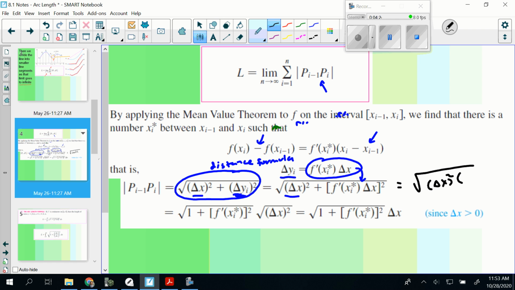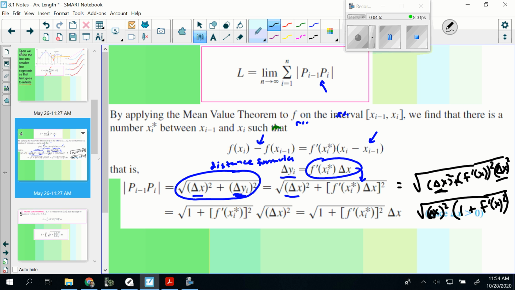On this side, both of these would be squared, so you've got the derivative squared and another change in x squared. Since there's one here and one here, it got factored out. If you factor it out, you've got change in x squared, and here we just have 1 plus the derivative squared left.